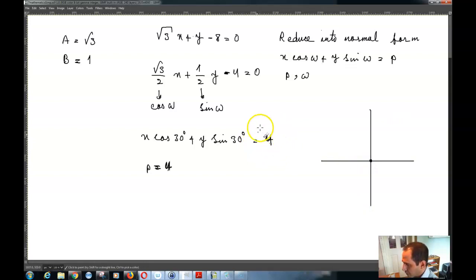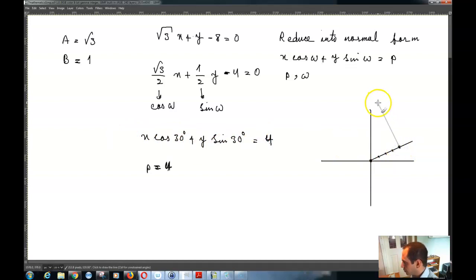The length of that is 4 units, and that line makes an angle of 30 degrees with the positive direction of the x-axis, meaning that something like this, for example, some line like this, and then it's supposed to be 4 units, and then it's supposed to be perpendicular to your line.